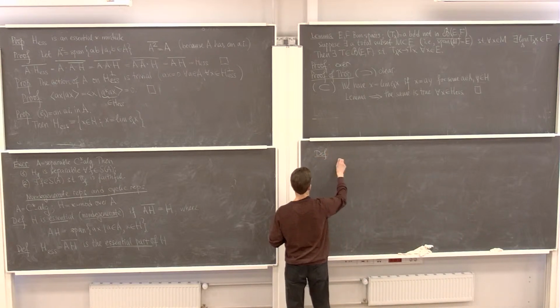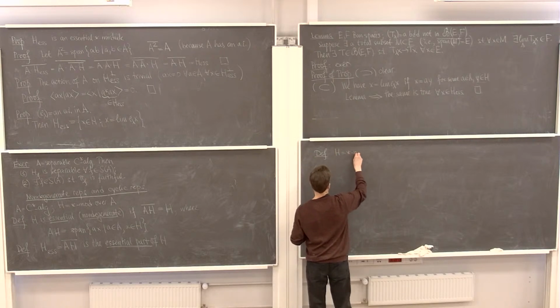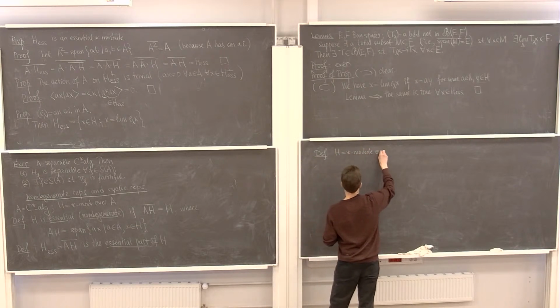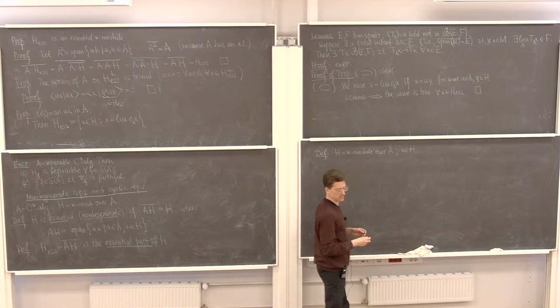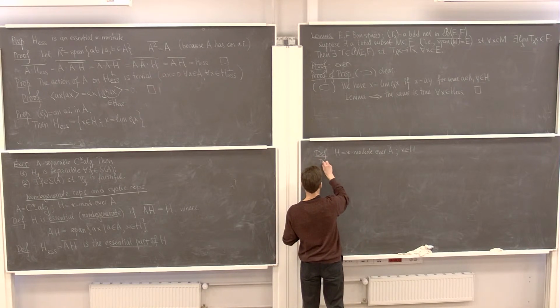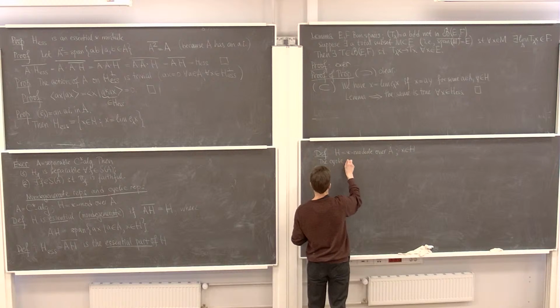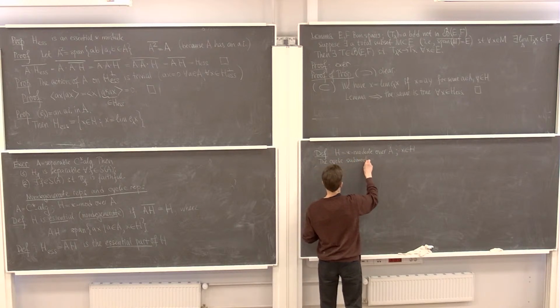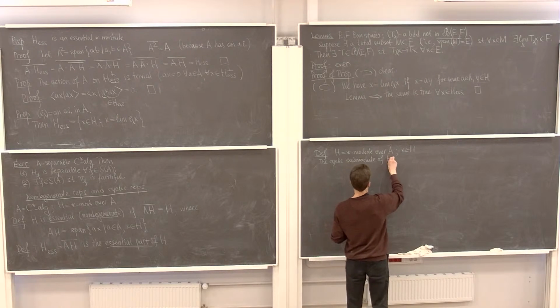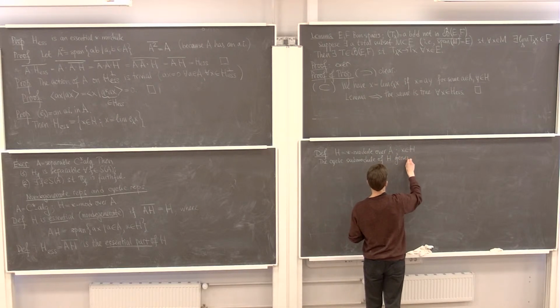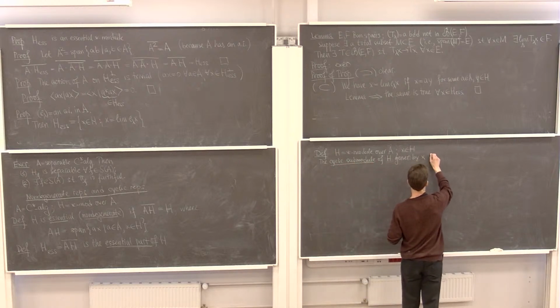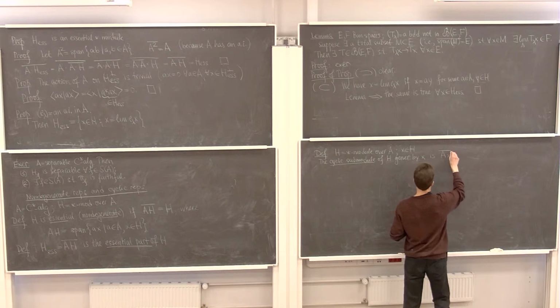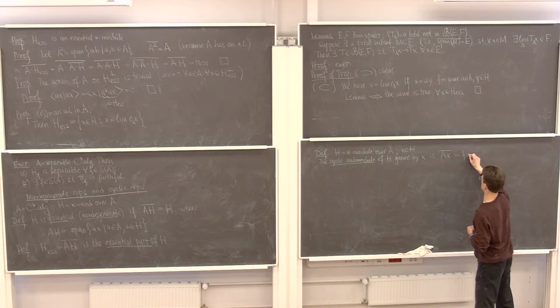Again, we suppose that H is a star module over A, and let little x be an element in H. We define the cyclic submodule of H generated by x as follows. This is just the closure of all elements of the form ax, where a runs over A.